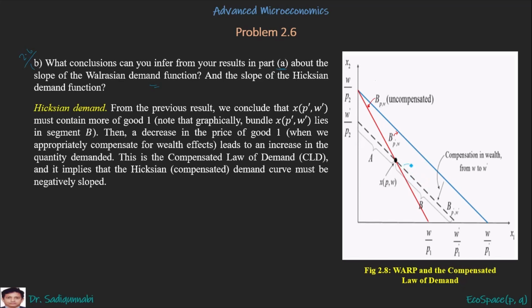So x1 is the horizontal axis. If this is the point for x(p, w), and this is the point for x(p prime, w prime), obviously there is more of good one.